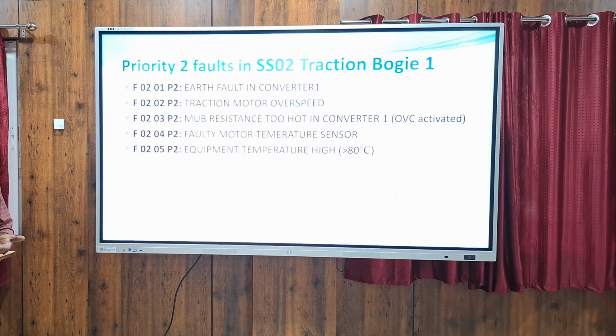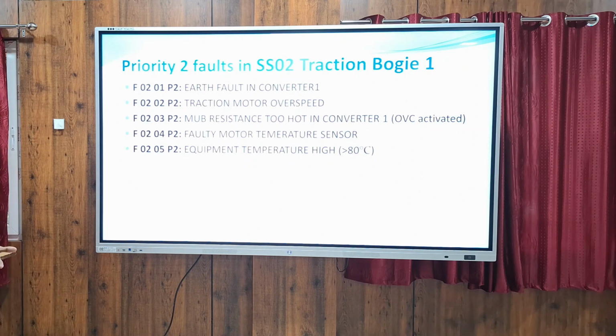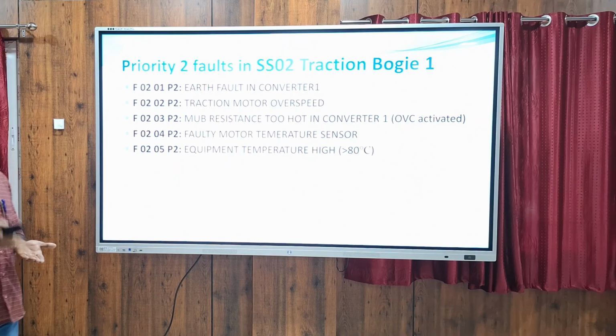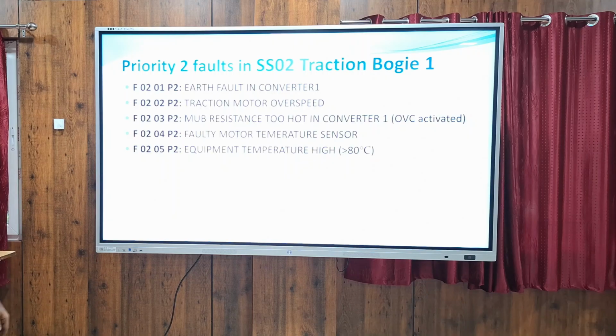Once that crowbar is activated, the higher voltage is chopped through one resistor and dissipated. Once activated, that resistor will get hot due to the higher current. In that case, this message will come. Actually there is no temperature sensor, but if it is frequently actuated, then it will give this message.